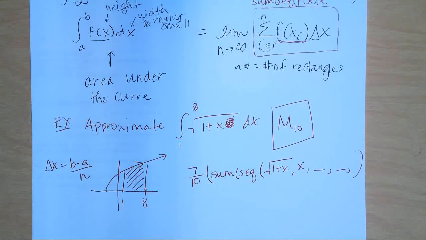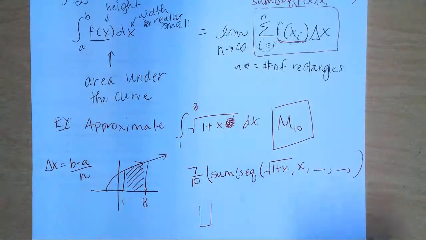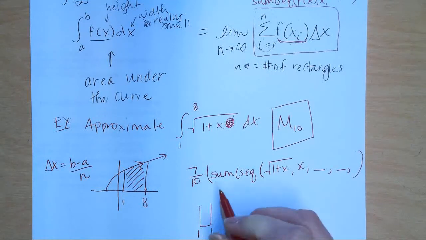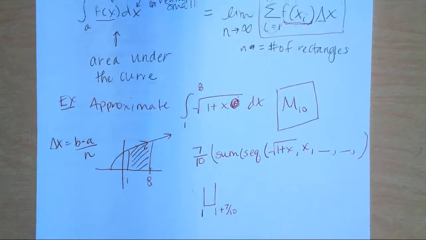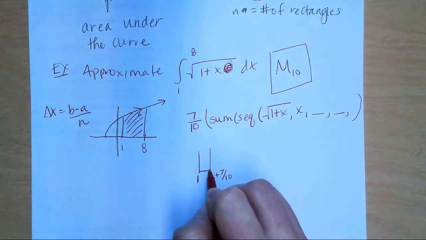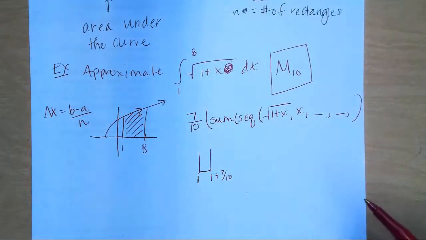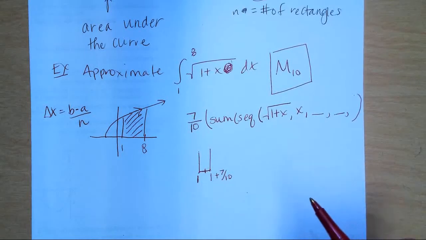Okay, now where are we going to start? If you think about the first rectangle, it's going to start at 1, and how long is it going to be? It'll be 1 to 1 plus 7/10. Now for midpoint, we're going to take the middle x, and that's where we're going to evaluate the height.